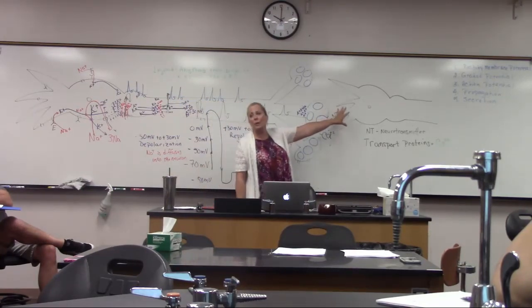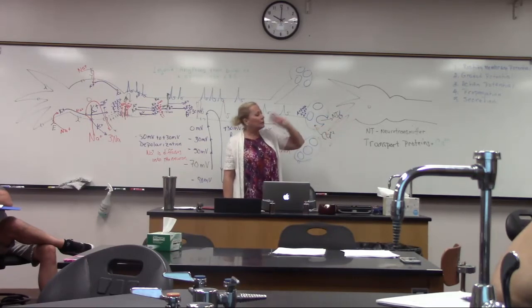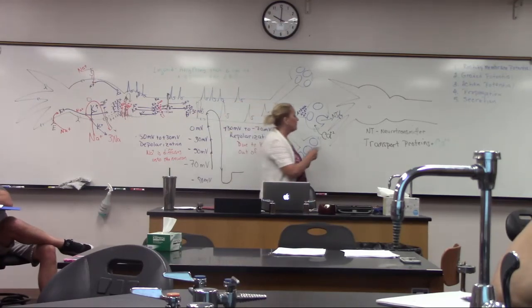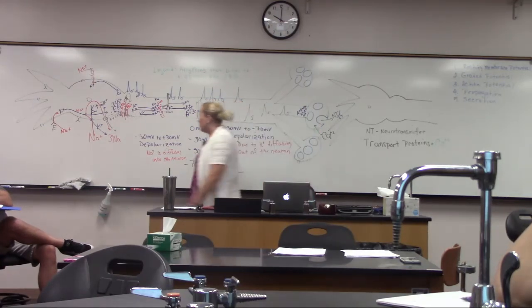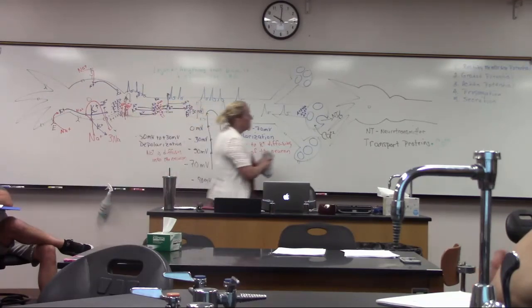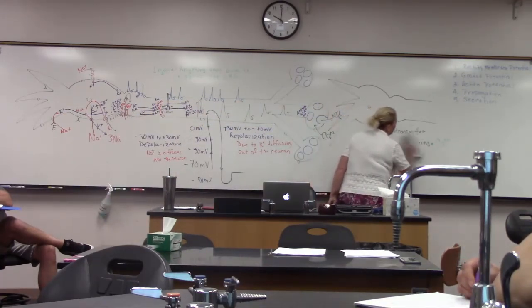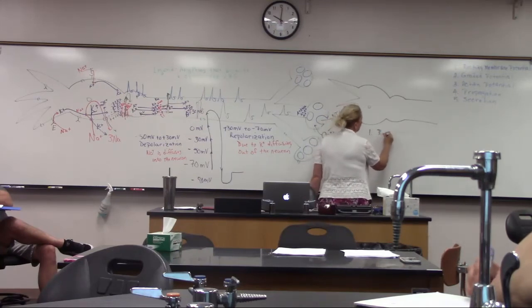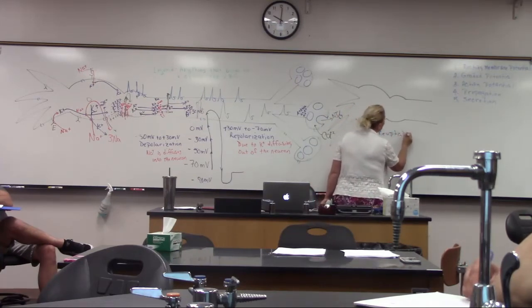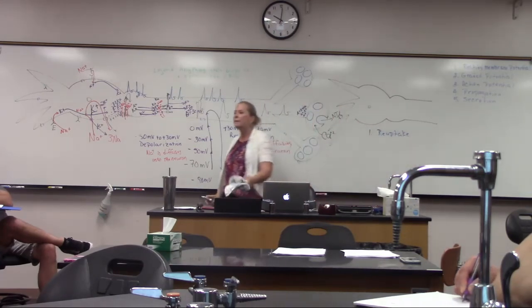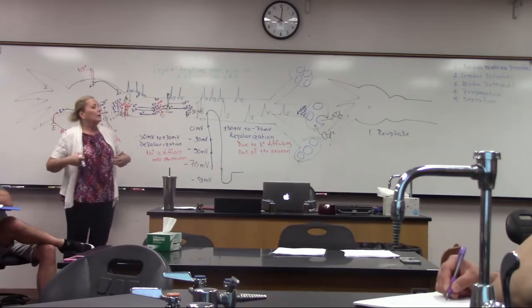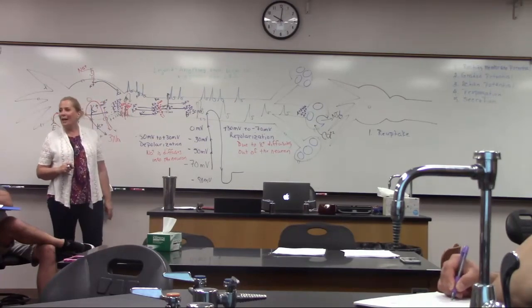And since this is really important, the body actually has 3 different ways to get rid of that neurotransmitter out of the synaptic cleft. The first way to get rid of a neurotransmitter out of the synaptic cleft is something we call reuptake. Reuptake is kind of like recycling.